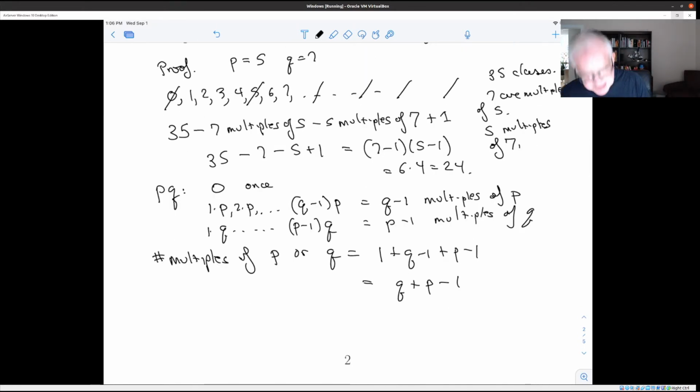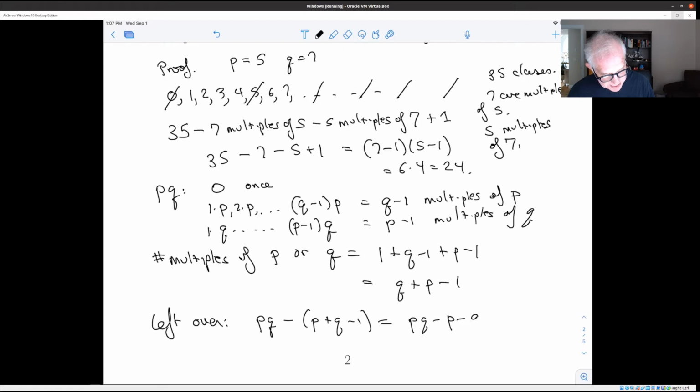And the things which aren't multiples are PQ, that's the total number, minus P plus Q minus 1, which is PQ minus P minus Q plus 1, or P minus 1 times Q minus 1. And so we've shown that the number of residue classes mod PQ which are relatively prime to both P and Q is in fact P minus 1 times Q minus 1. So let's file that away for the moment.